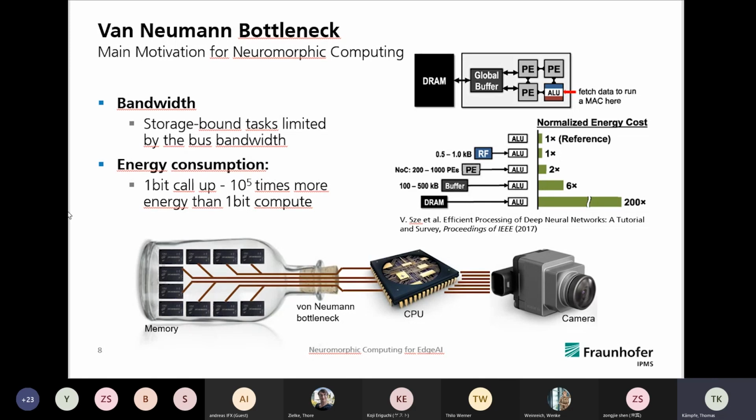That means neural networks are such computationally intensive tasks that it limits the bandwidth, and energy consumption drives this intensively. For example, when we call only a single bit of information from an external DRAM, it can take 10 to 5 times more energy than to just compute something with this one bit. So it seems much more reasonable to combine storage and computing together.